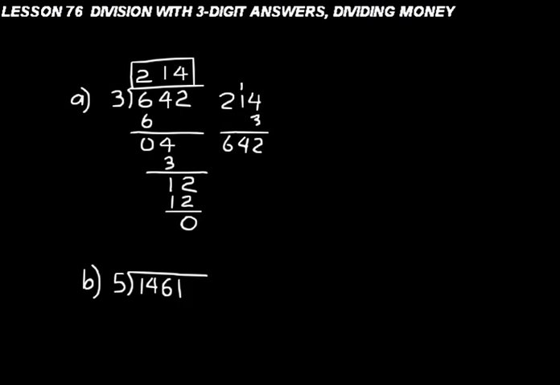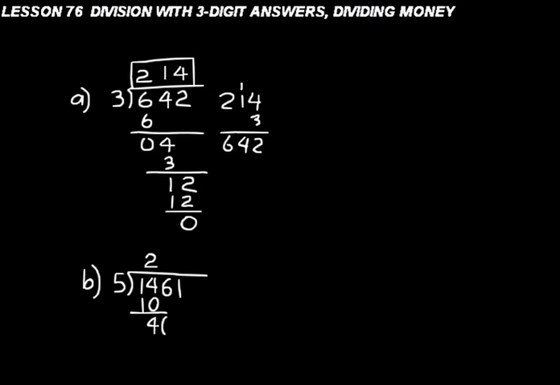Let's do another one. 1461 divided by 5. Let's just look at that. 5 cannot go into 1, but it can go into 14 2 times. So we say 5 times 2 is 10, and subtract and get a 4 there.